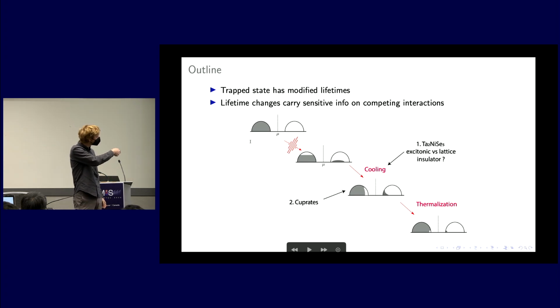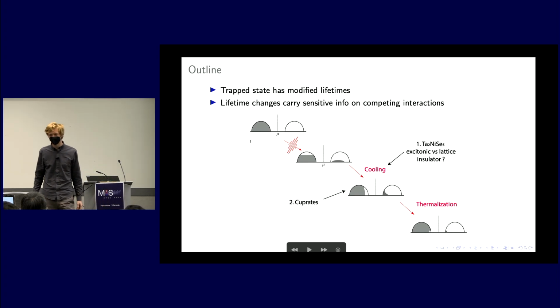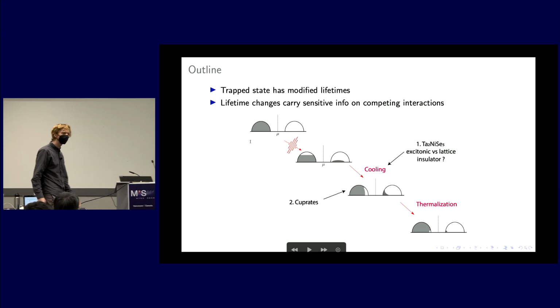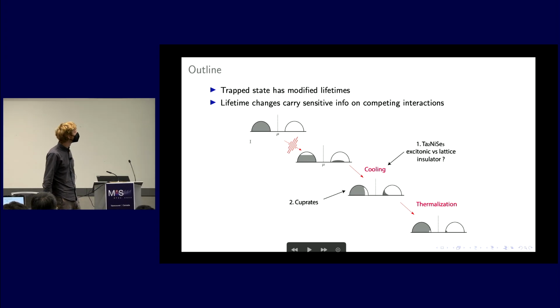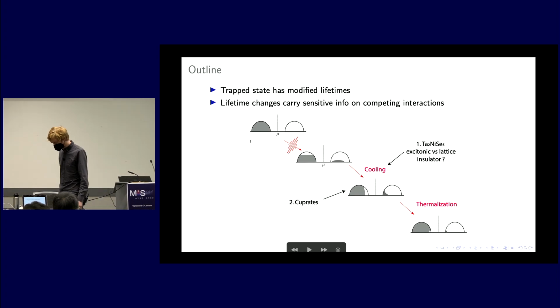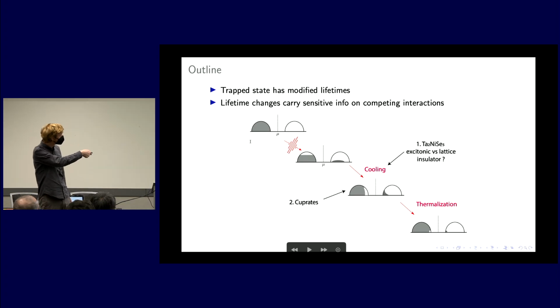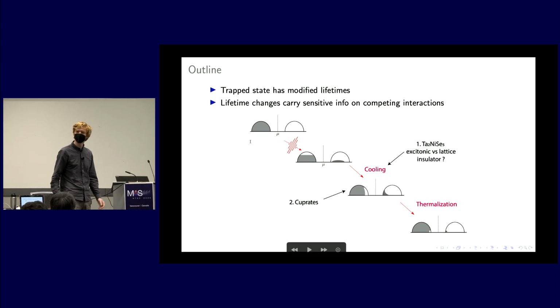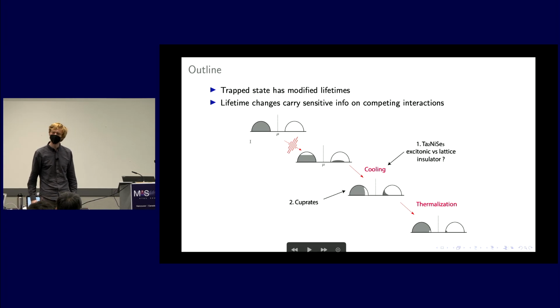Most of my talk will be about this material called Ta2NiSe5, which is a correlated insulator. There's a long debate whether the insulating state originates from excitonic or lattice degrees of freedom. And in the second part, since we are in the photodoped Mott case, I'll show you how we can apply the same idea to cuprates.